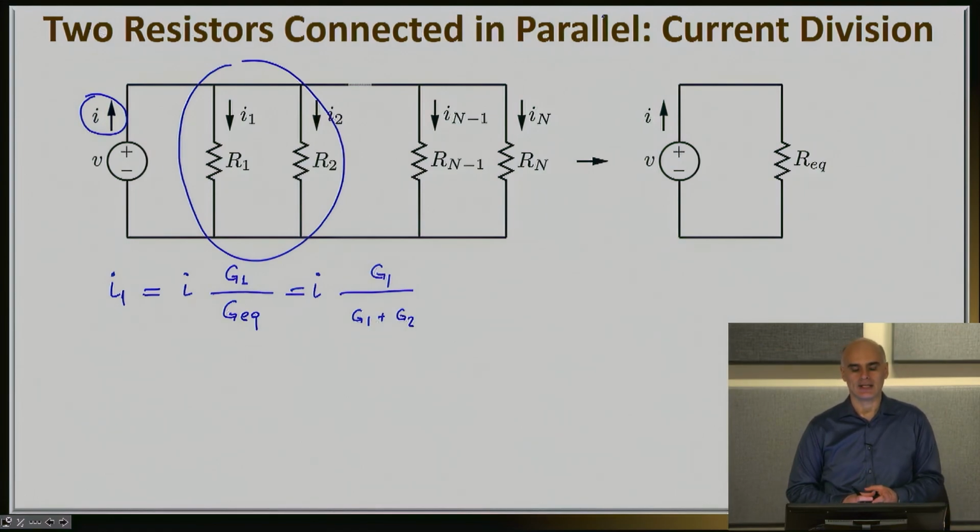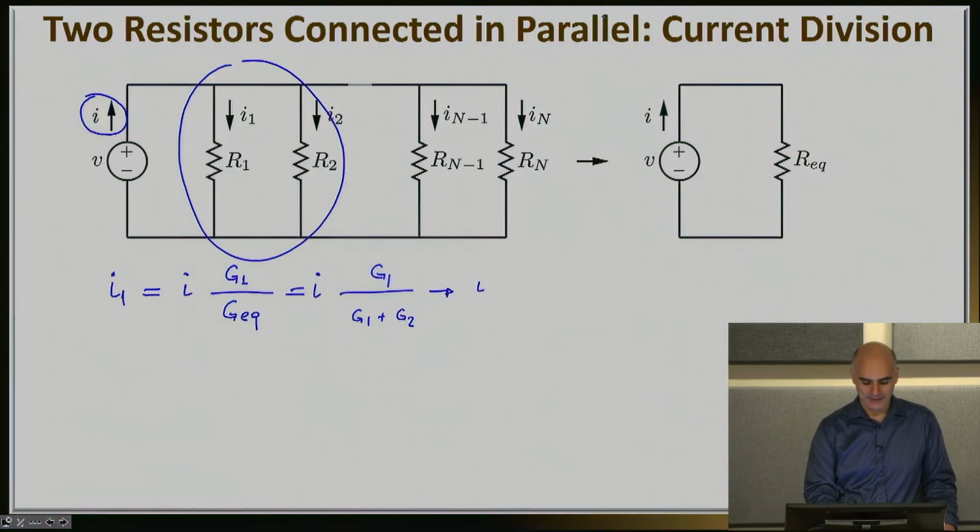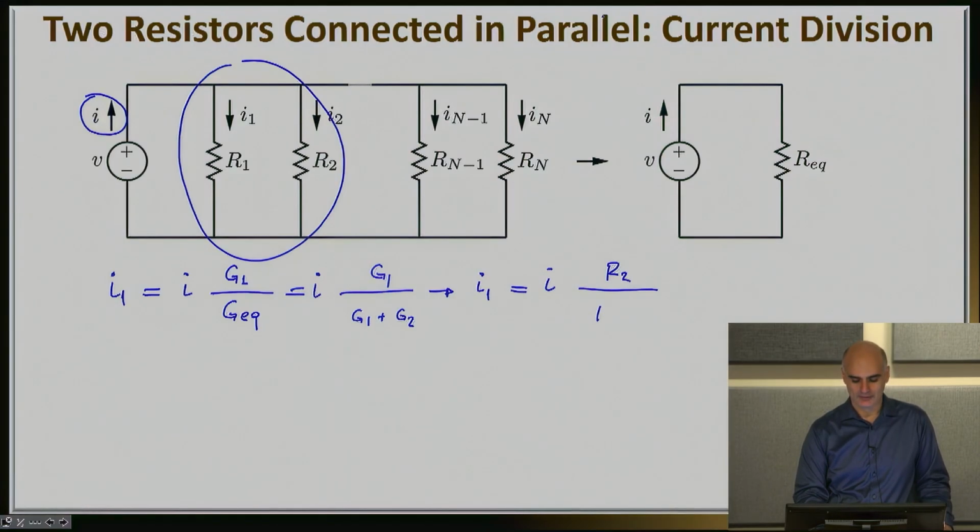The interesting thing here is that if you replace G1, which is the conductance of the first resistance, by 1 divided by R1, and G2 also by 1 divided by R2, and you do the algebra, you will find out that I1 is going to be equal to the current I that you want times R2 divided by R1 plus R2.